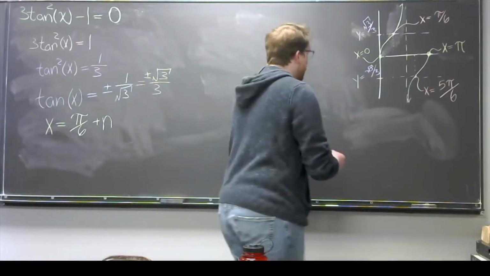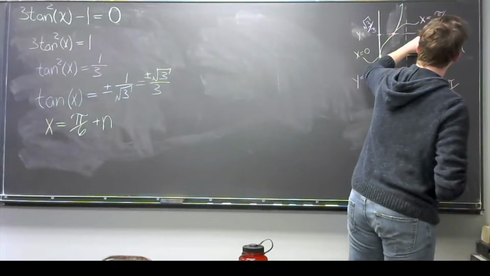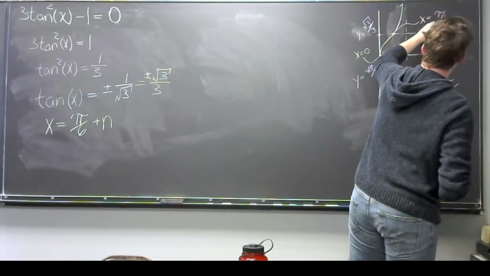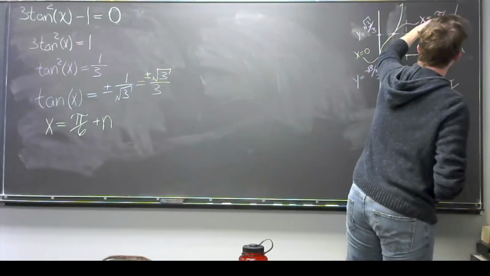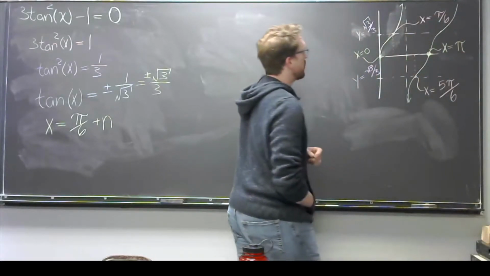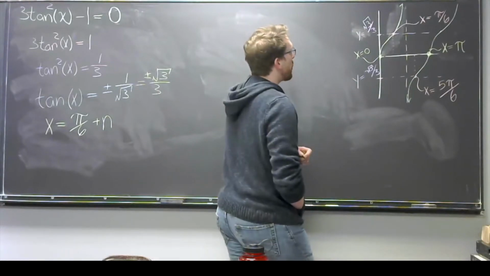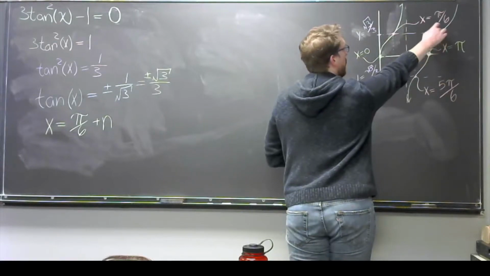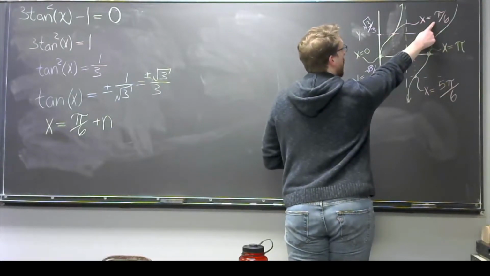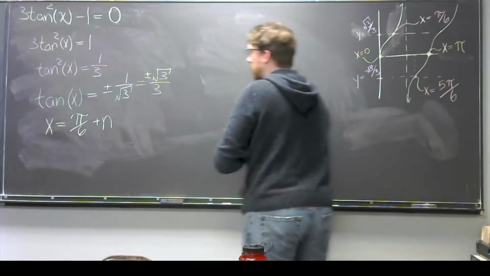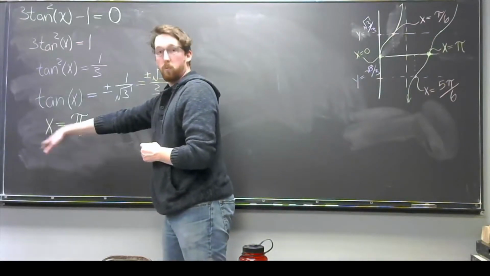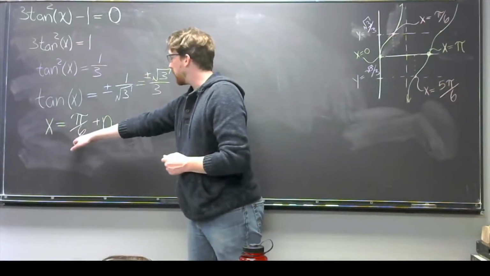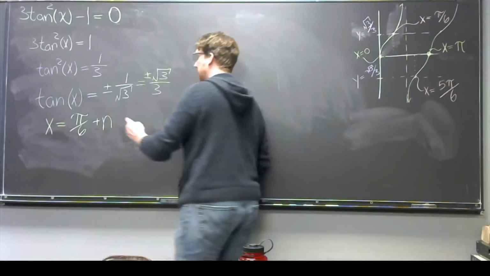So if I were to extend this graph out, that's a horrible tangent, but we would find somewhere over here another point that is a distance of pi away from pi over 6. So when we're writing our solutions, we can say pi over 6 plus n times pi.